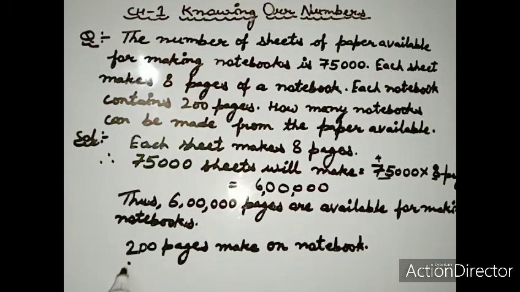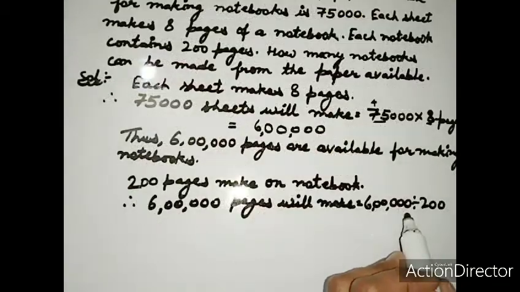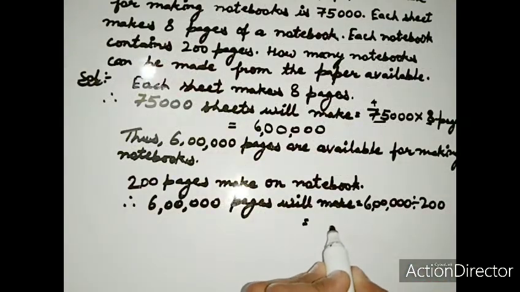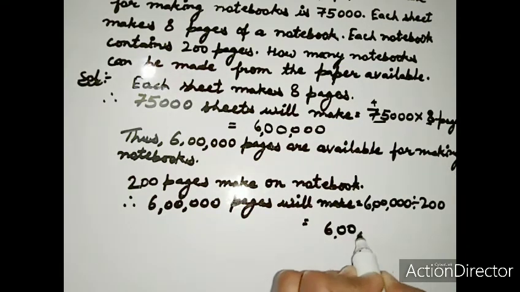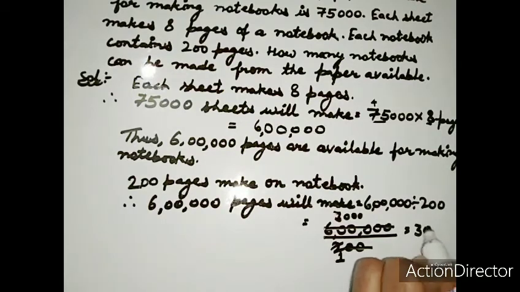Therefore 6 lakh pages will make 6 lakh divided by 200. So here we write 6 lakh divided by 200. So here 2 zeros cancel out by 2 zeros and 2 ones are 2 and 2 threes are 6. So here we get 3000.